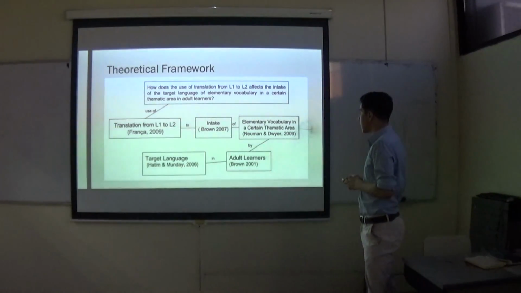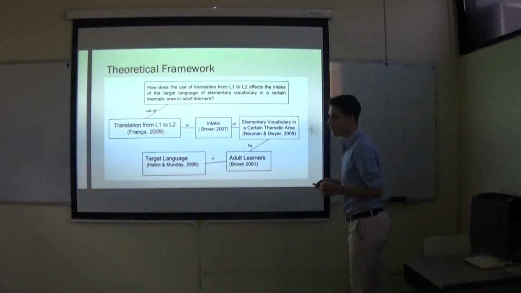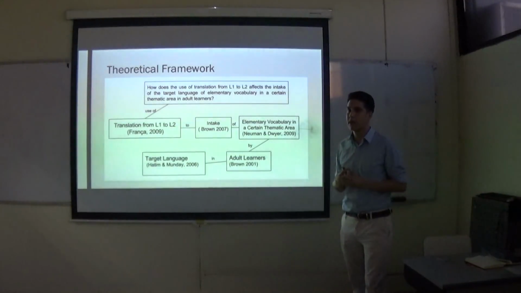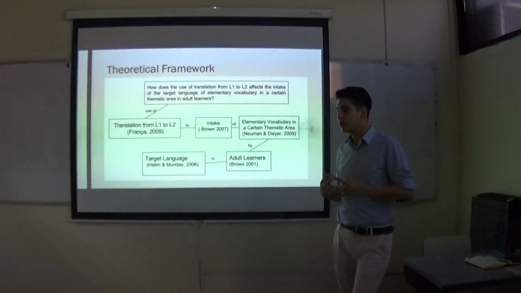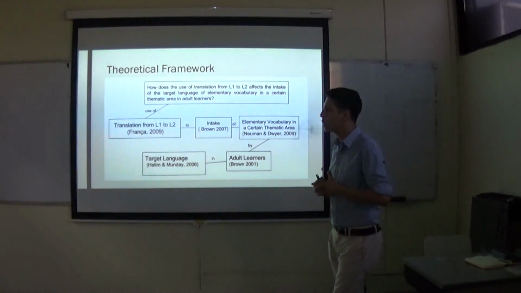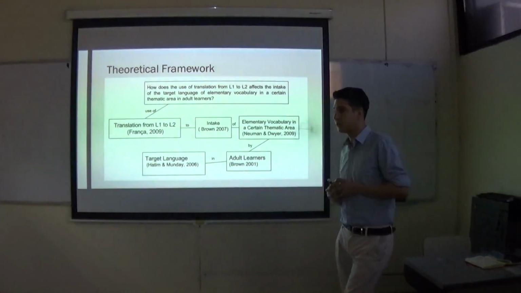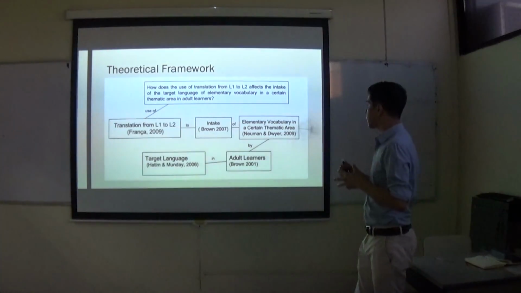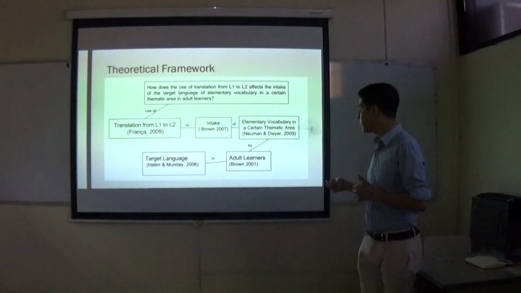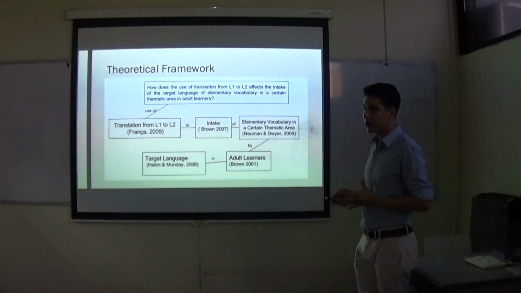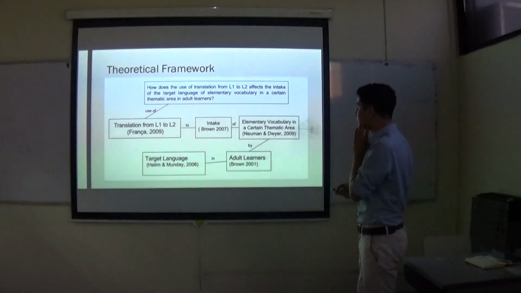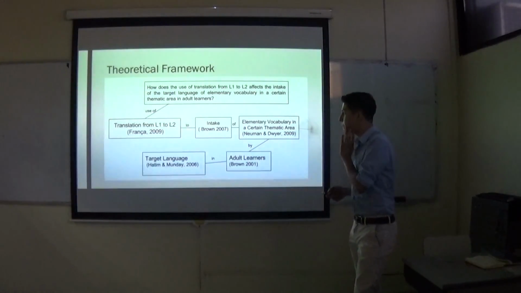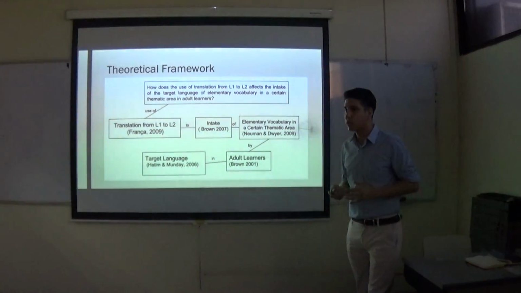Adult learners, according to Brown, are learners who have cognitive capacity and abilities that allow them to have more successful outcomes in the classroom. For the purpose of this research, the adult learners will be all the learners that belong to the class. And target language means the language that is not the native one.